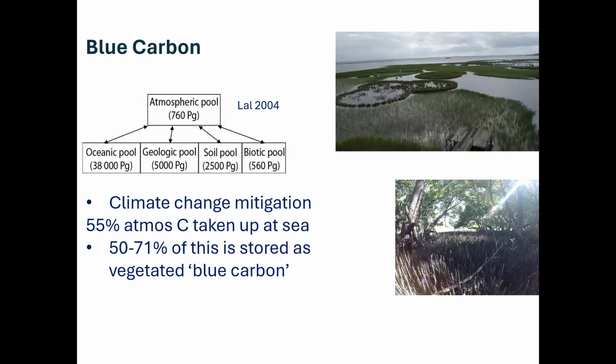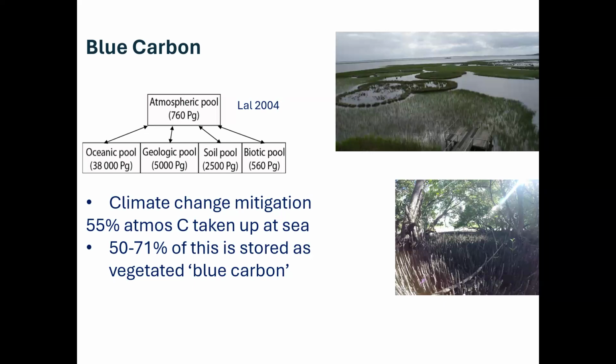Now, of that 55% of atmospheric carbon that's taken up at sea, a massive proportion of that, 50 to 71%, so either half to almost 3/4 of that, is stored as vegetated blue carbon. So if you think about all of our oceanic systems across the world, you've got carbon locked away in those deep sea sediments.